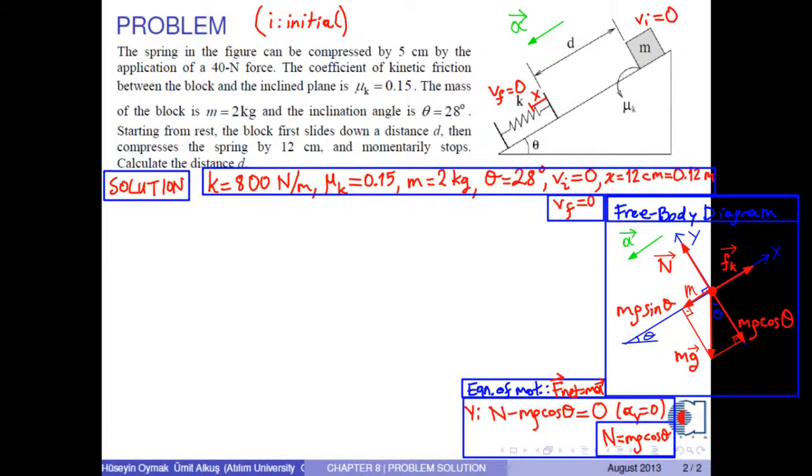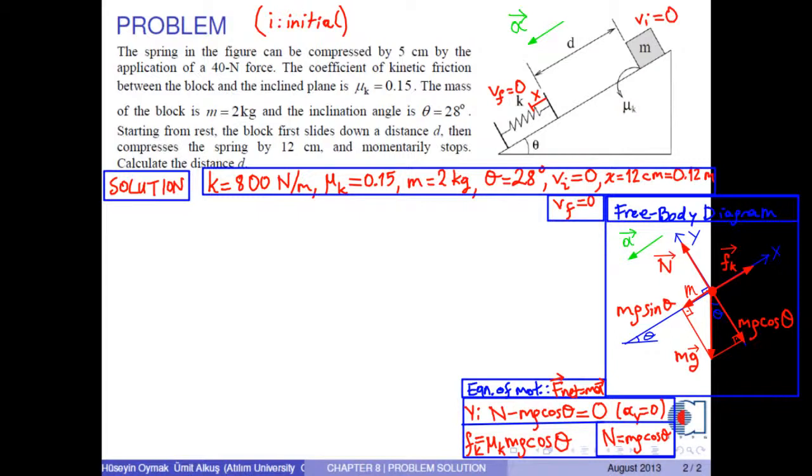Next, the magnitude of the kinetic frictional force denoted by Fk has the expression mu k times N. Put the value of N to obtain Fk as mu k times m times g times cosine theta. Okay, that's all about the free body diagram and the equation of motion of the block.